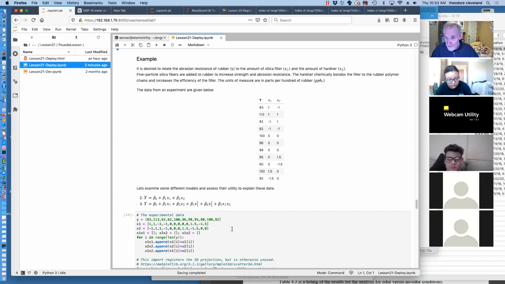The units of measure are parts per 100 of rubber, which is a weird unit, but it's common in industry. A unit of parts per 100 or parts per 1,000 are weird to us, but it's quite common in industry.